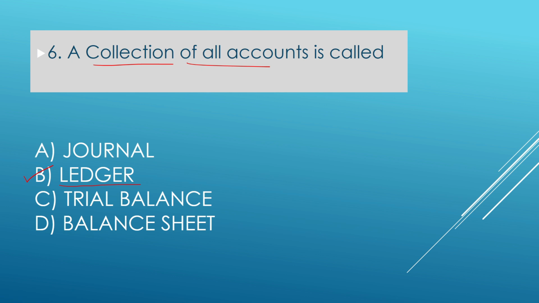Ledger is a book which contains all accounts. You will have several accounts in the ledger. You will have cash account, bank account, supplies account, furniture account, equipment account, accounts receivable account, accounts payable account, etc. So too many accounts are collected at one place, and that is called ledger.